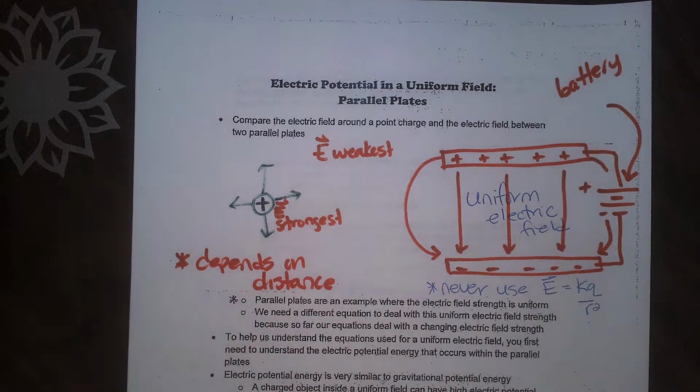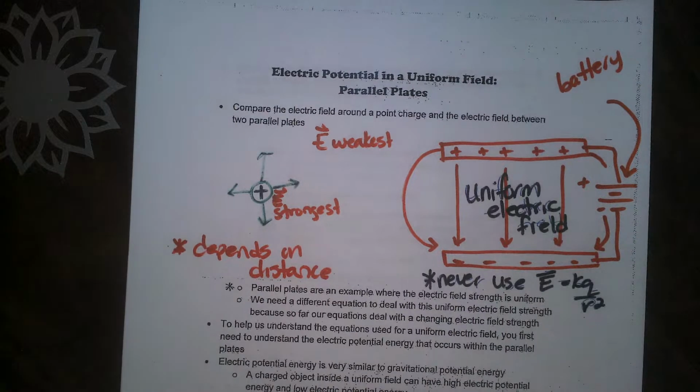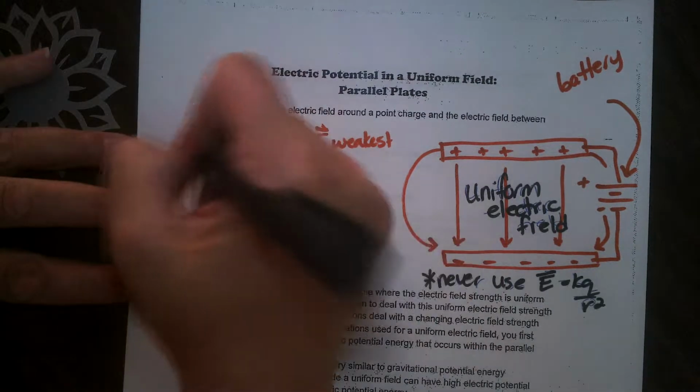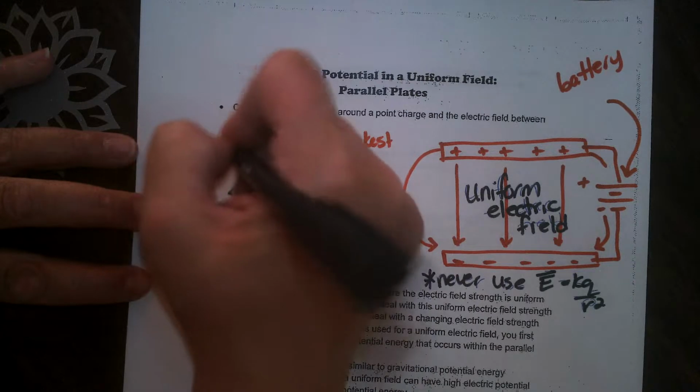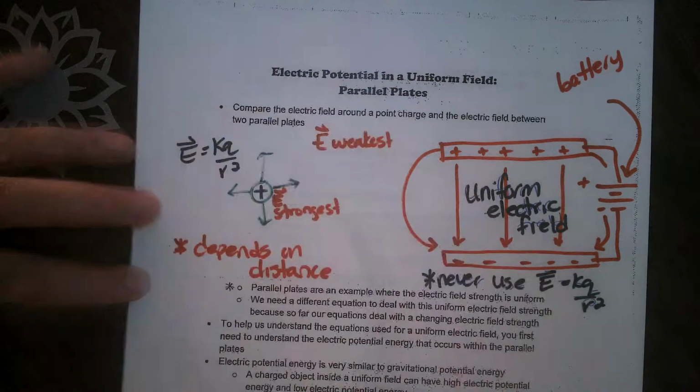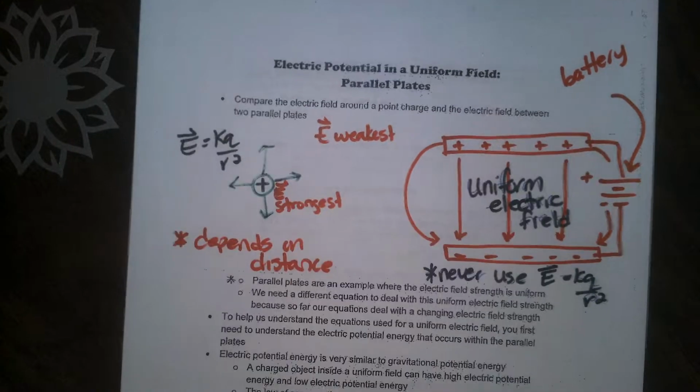Okay? So as soon as we're talking uniform plates, that formula goes out the window. So we never use E is equal to KQ over R squared. This one here over, however, we do use KQ over R squared because the distance is variable.